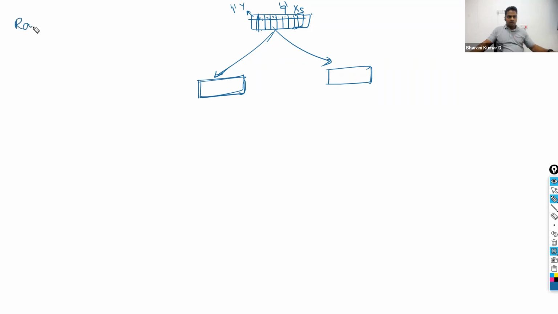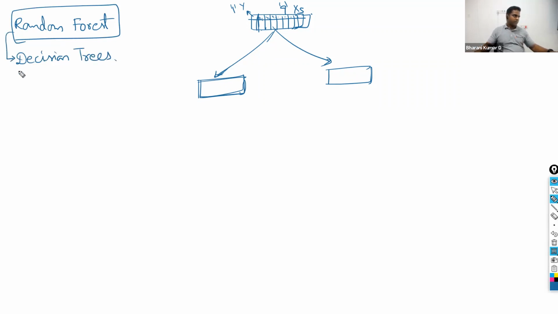What is a forest? Forest is a collection of trees. So random forest is nothing but a collection of decision trees. Forest means it has multiple trees.